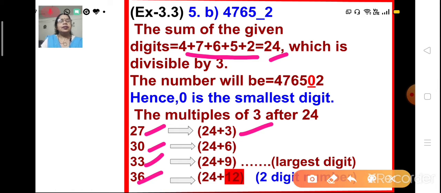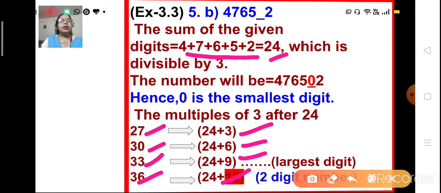The next multiple of 3 is 30, which we get by adding 6 to 24. Next multiple is 33, which we get by adding 9 to 24. If we go to the next multiple of 3, that is 36, we have to add 12 to 24.